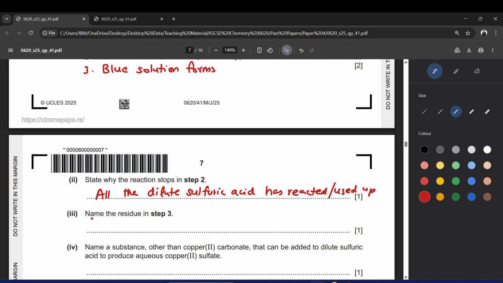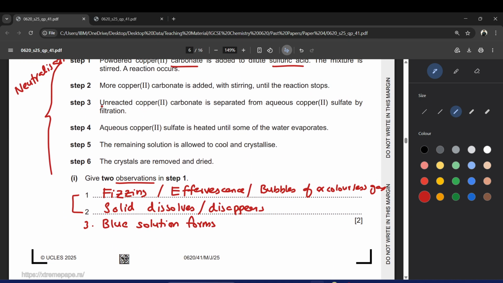Then the question is name the residue in step 3. What was step 3? Unreacted copper carbonate is separated from aqueous copper sulfate by filtration. So if you read carefully, they've already told you the answer. Unreacted copper carbonate is separated. When you have a filtration process, that something that's left over on your filter paper is what we call residue.